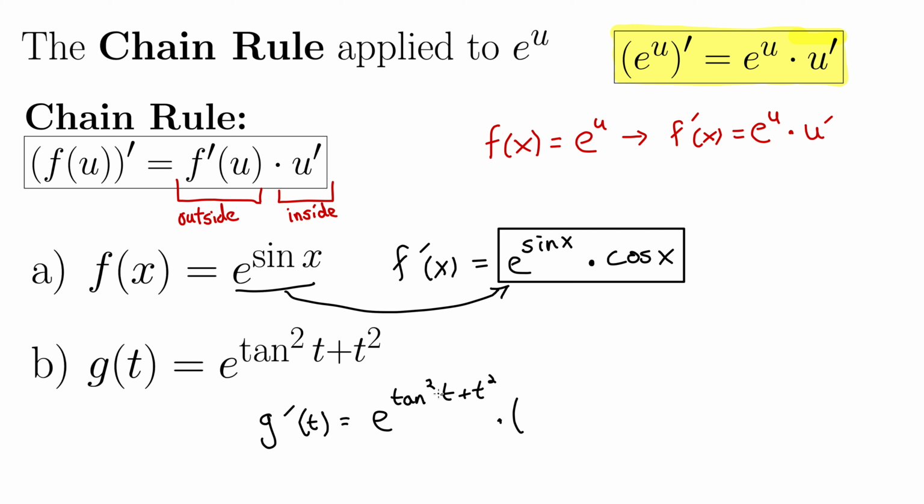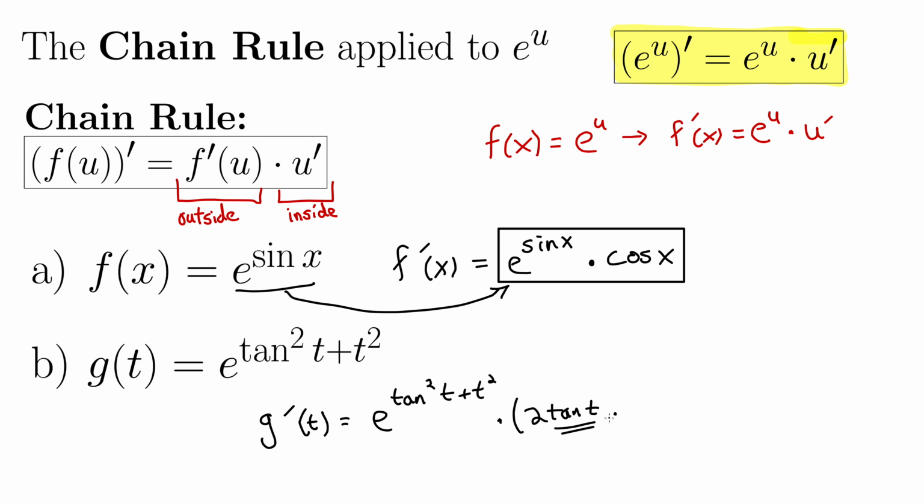Well, here for tan squared, we need the derivative of the outside, so we have the chain rule going on inside here. So the derivative of tan squared, we apply the chain rule to that, 2 tan t times, now we need the derivative of tan because we need to take the derivative of inside until there's nothing left.